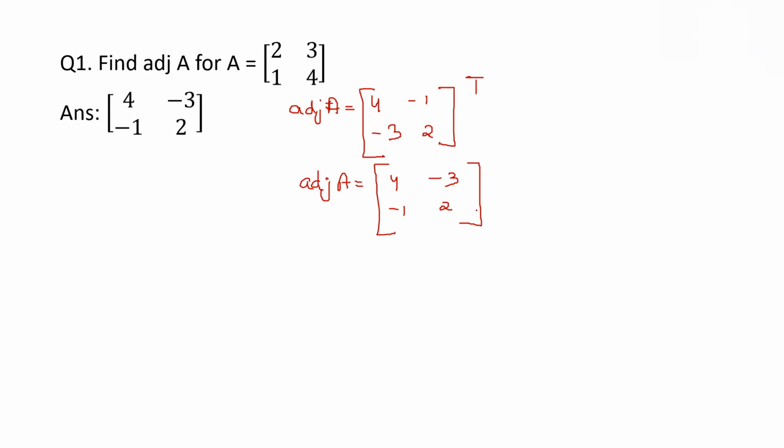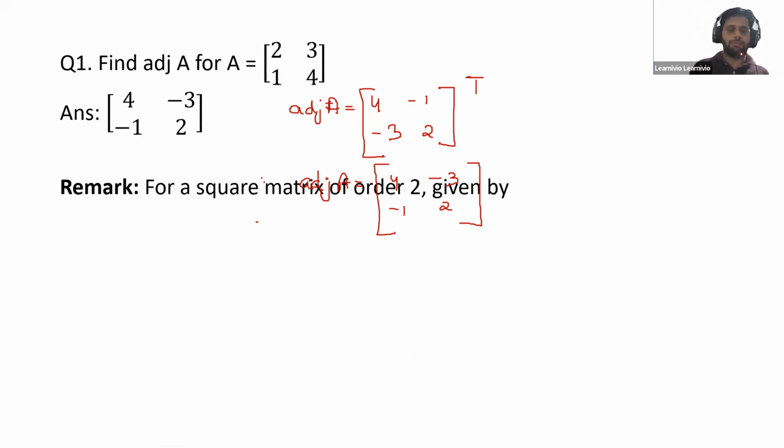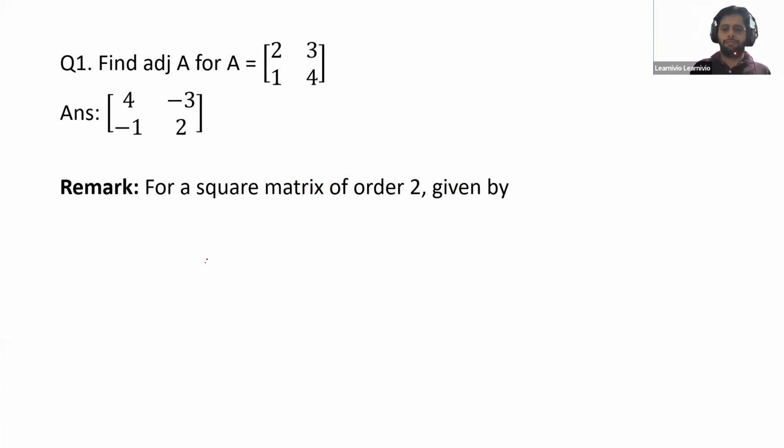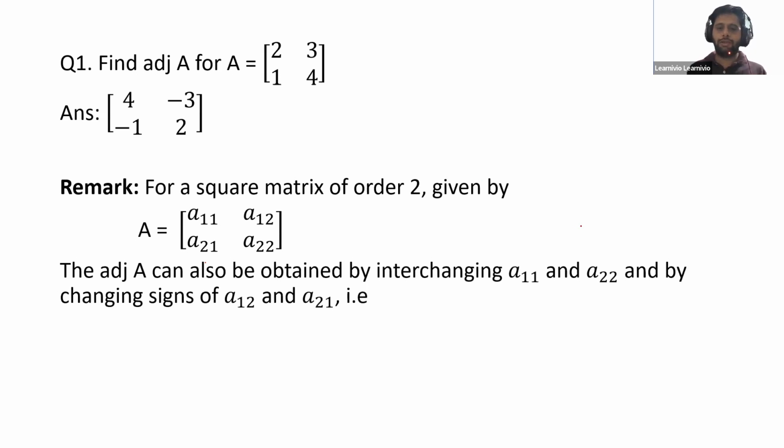Yes. Okay. Now, for a 2 by 2 matrix, we have a very short shortcut method, but please don't use this in your exam. If we have this matrix, then the adjoint can be found by interchanging these two.